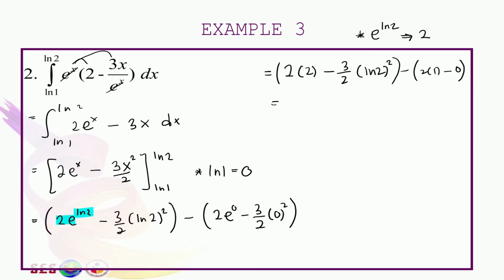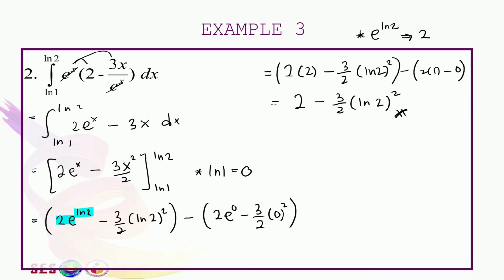Then we can subtract: 2 times 2 is 4, 4 minus 2 is 2, so 2 minus 3 over 2 (ln 2)^2. So this would be your final answer.